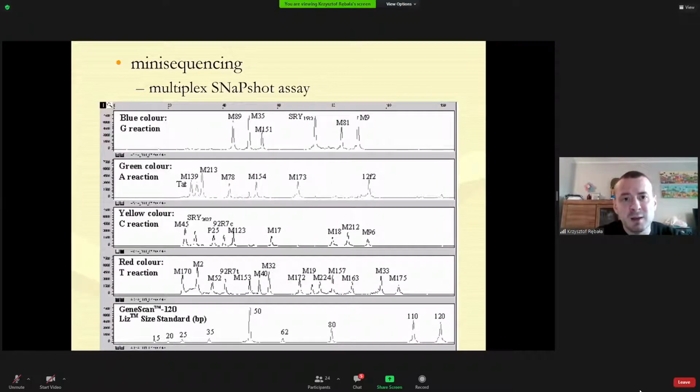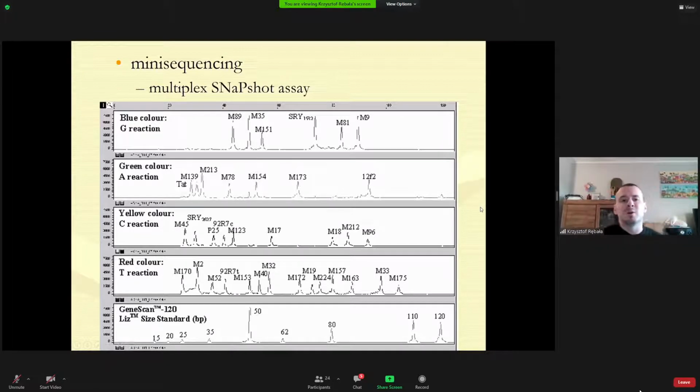And here is an example of a minisequencing-based multiplex SNaPshot assay. Many markers are amplified simultaneously in one reaction. Depending on the allele which is detected, the color can be specific, the product can be specific for the G nucleotide, A nucleotide, C nucleotide, or T nucleotide.